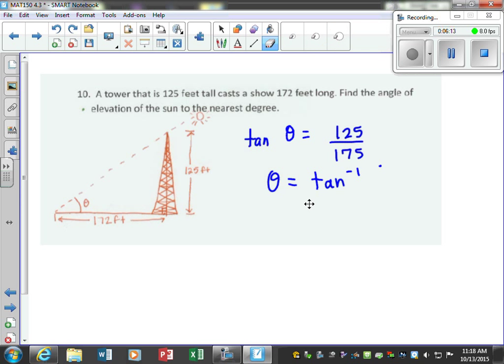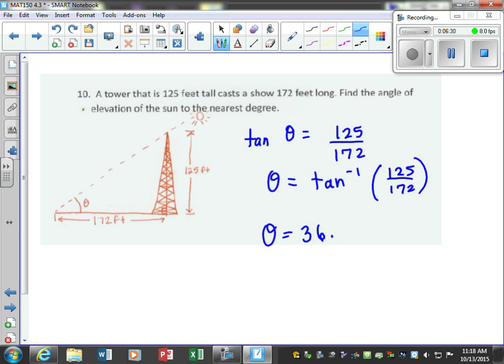Oh, this is 172. Yeah, thank you. Tan inverse of 125 over 172. And so you would just put this in your calculator, and that allows us to find the missing angle theta, which is approximately 36. I get this in the calculator, so let's just round it and say theta is approximately 36 degrees.